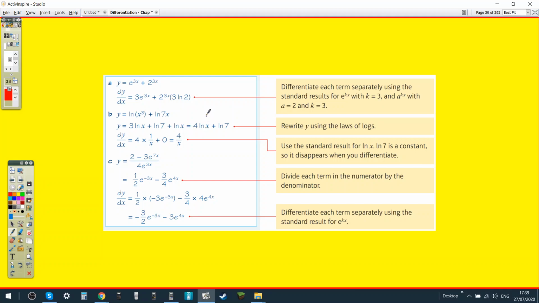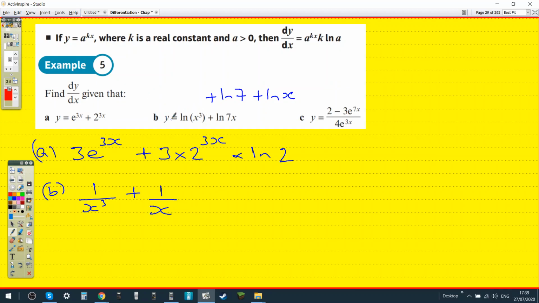That ended up being 4 ln x. Hang on, so that is 3 ln x. Okay, and so derivative of 3 ln x.